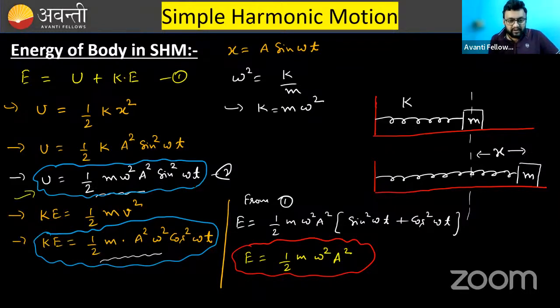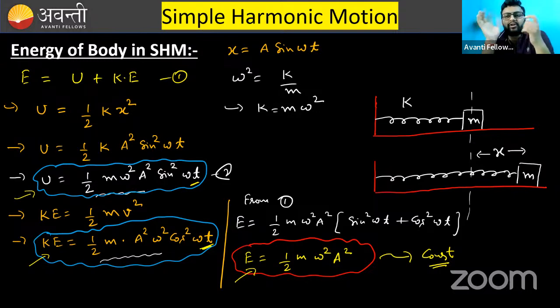The potential energy is a function of time. The kinetic energy is also a function of time. Is it clear? Both potential and kinetic energies are functions of time. But total energy is independent of time and is a constant. So what we can say, during SHM, total energy is constant, or you can say total energy is conserved.